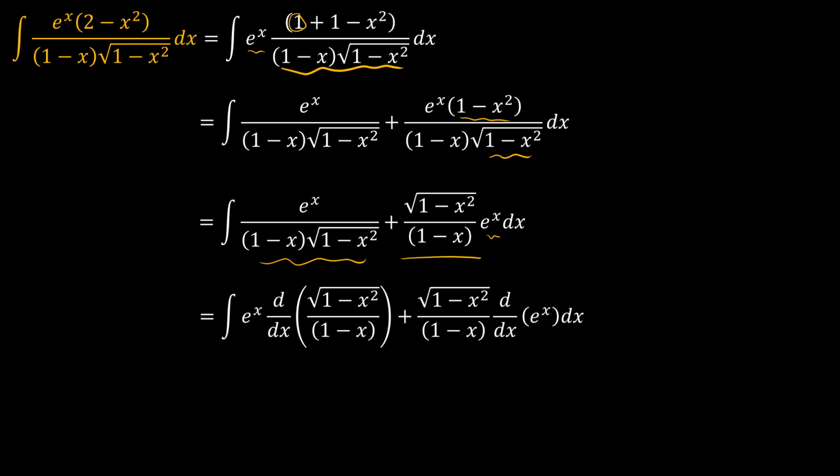We have two functions, e to the x and the square root of 1 minus x squared over 1 minus x. These two functions can be bunched together based on this expression, so this is the integral of the derivative of e to the x times the square root of 1 minus x squared over 1 minus x.